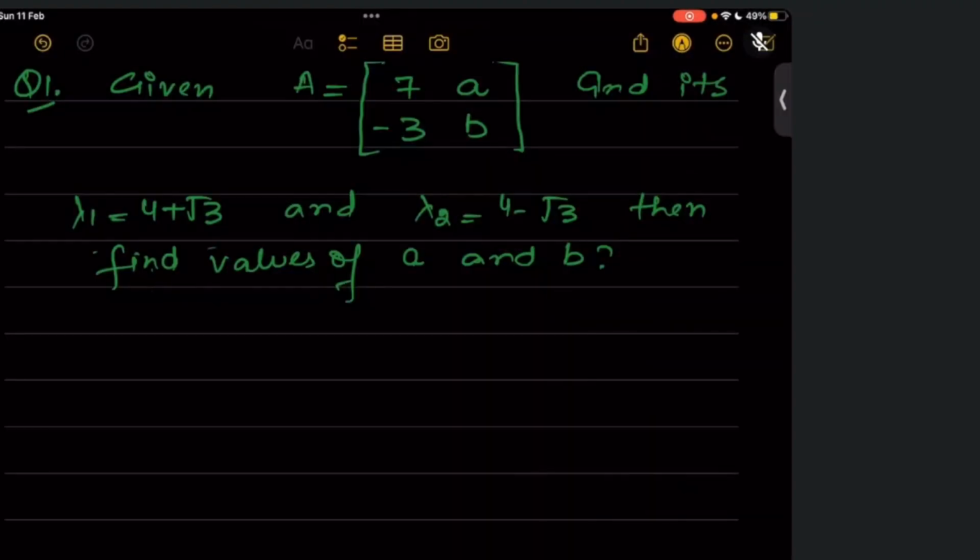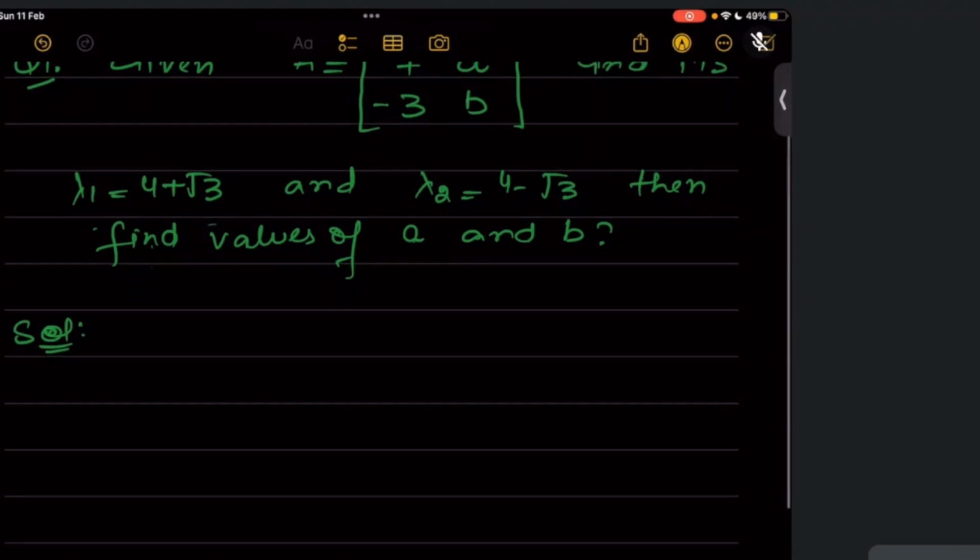So we will discuss the solution. a equal to 1 and b equal to 2. I think a should be 2 and b should be 1. So maybe you can check here.